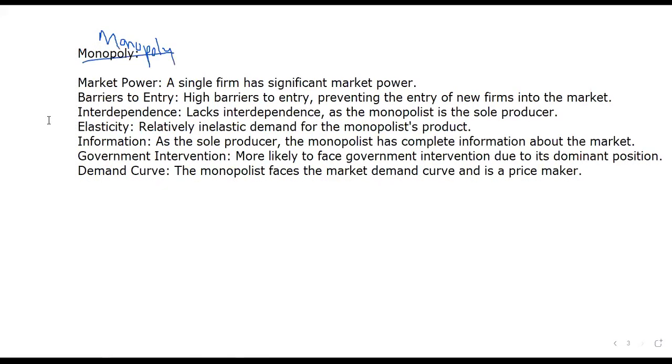The heavy barriers to entry, correct? They are the price setters, correct? Unique products. Is it heterogeneous? Not heterogeneous, but unique products. Yes, unique products, correct.